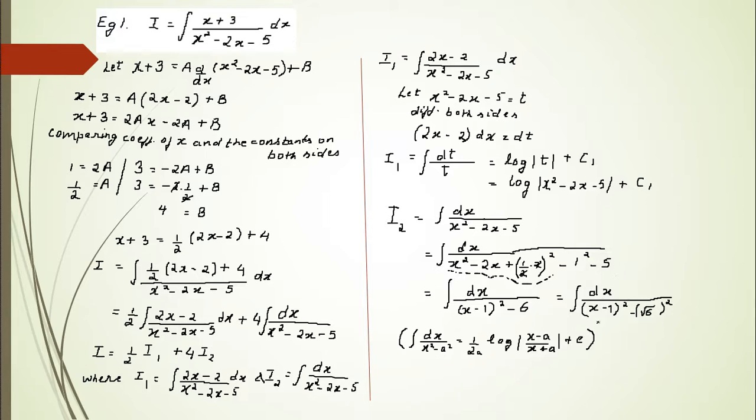So before that, I'll have to take x minus 1 is equal to t. Therefore, let x minus 1 is equal to t. Therefore, differentiating both sides, I'll get dx is equal to dt. Okay, now let me go to the next page.